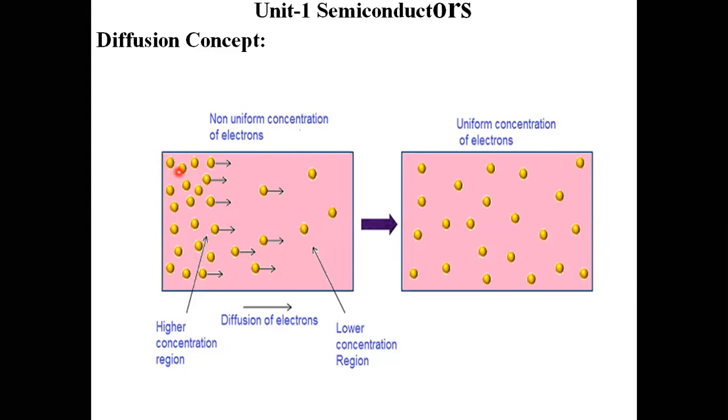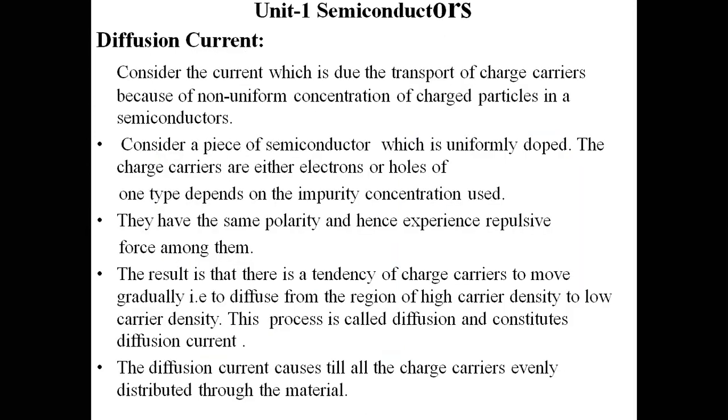These two charge carriers are the same, therefore some repulsive force is going to be exerted upon these negative charge carriers. They have the same polarity and hence experience a repulsive force among them.